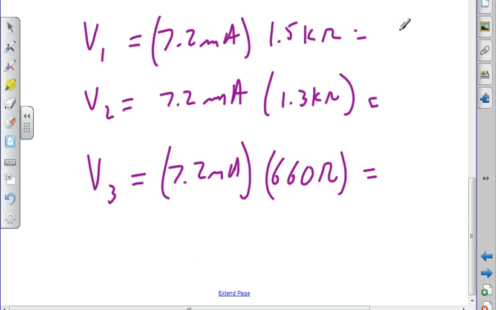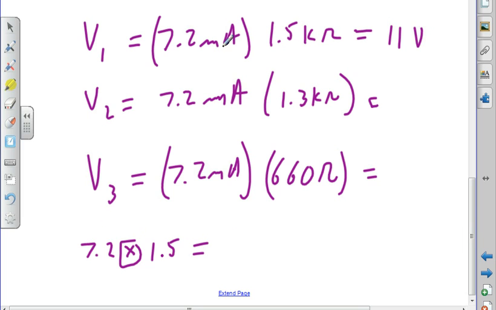Okay, so now I take my calculator. Do I have to put keystrokes down for anybody for this one? Yes, please. 11 volts. So I'm going to go 7.2 times 1.5 equals.